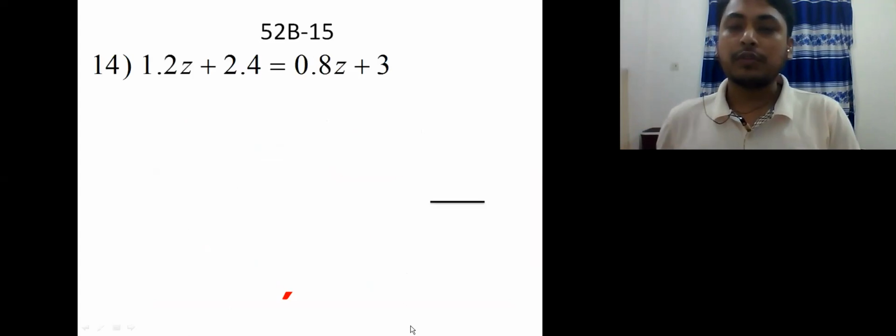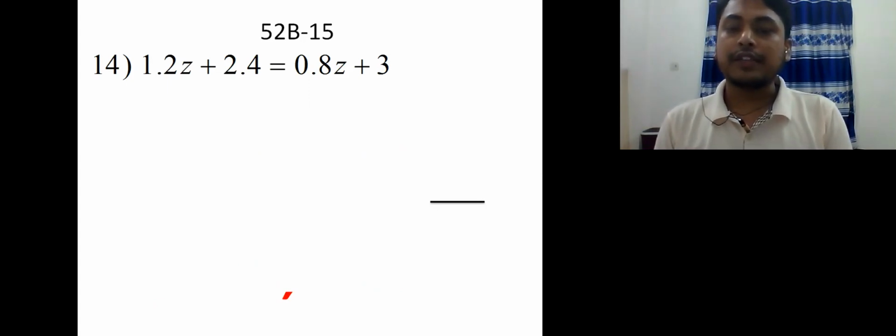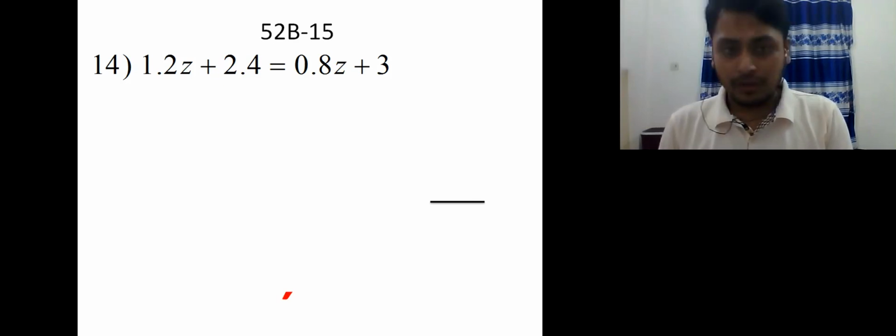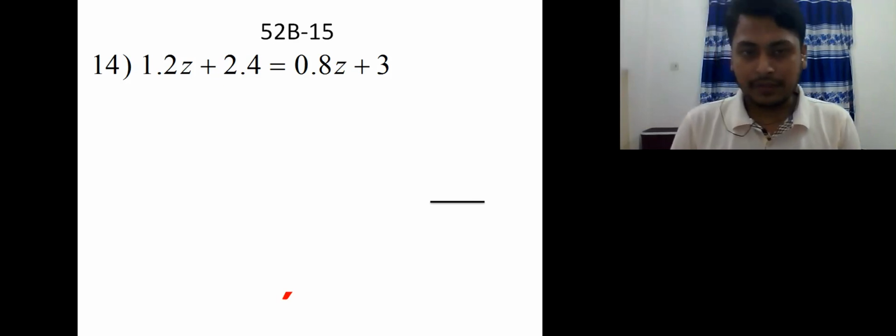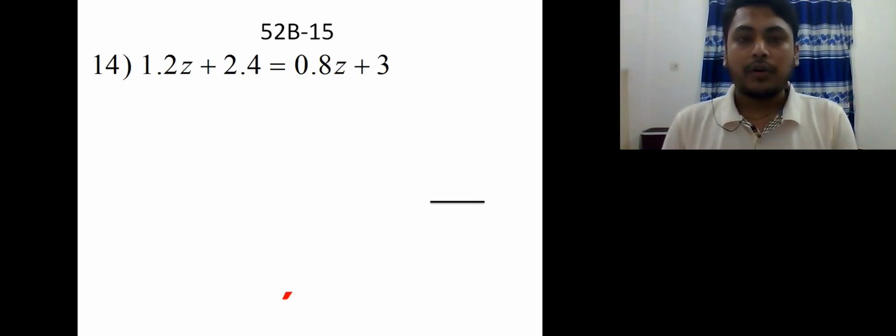So let's go. The math is 1.2z + 2.4 = 0.8z + 3. This is given. As usual, here we have to find the value of z, so the z term will have to be written on the left-hand side.